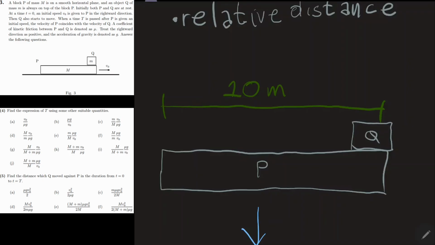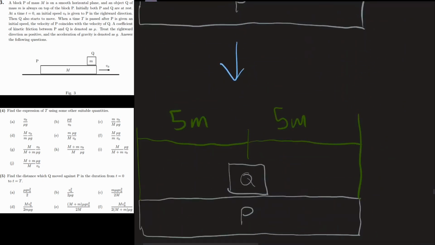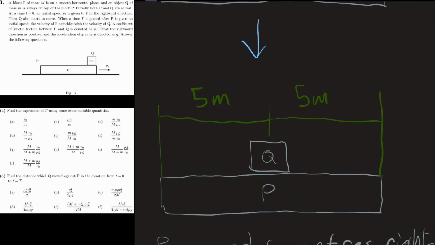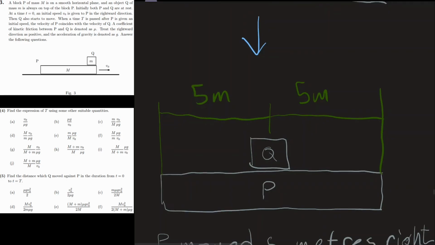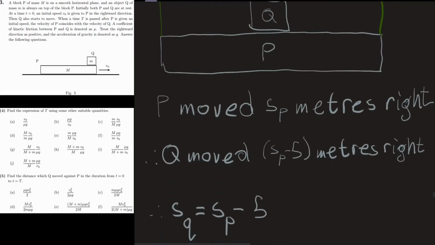Then let's say that P and Q move in such a way that now Q is right in the middle on top of P. So it is now 5 meters from the ends. If P moved to the right some number of meters, let's say S sub P meters, then that means that Q must have moved 5 less meters than that.